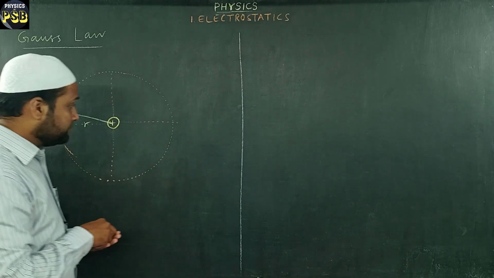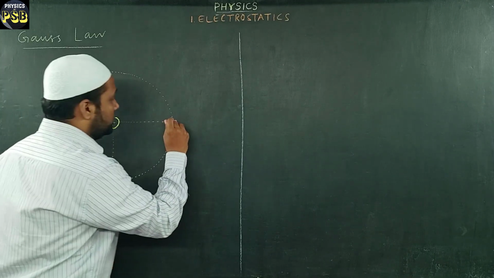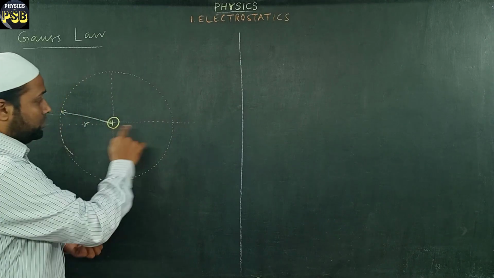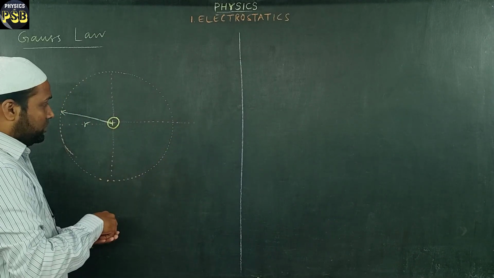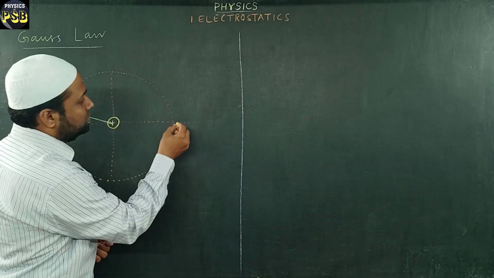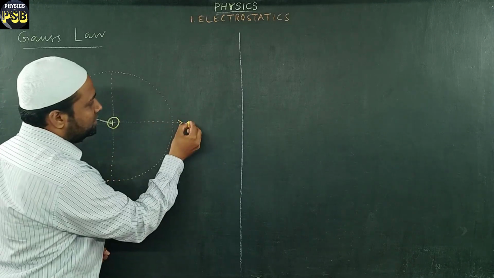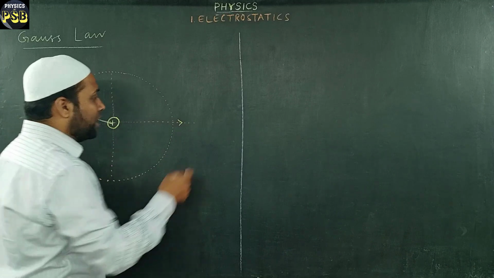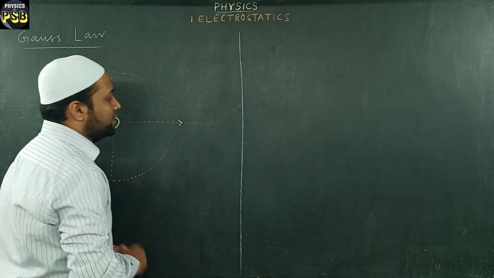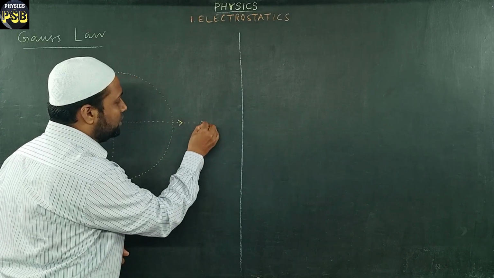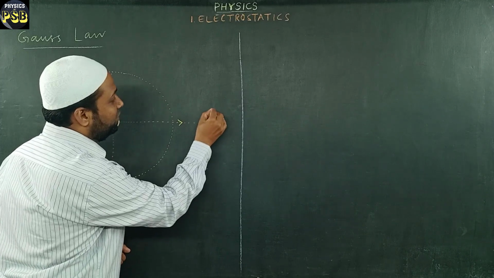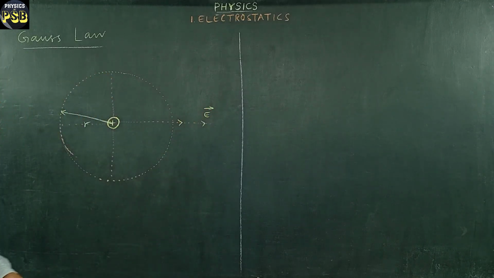So the direction of this electric field line is acting outwards, and it provides us the direction of the electric field. It is known to us.